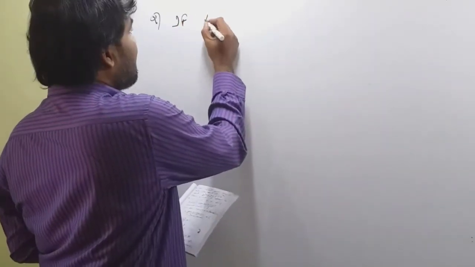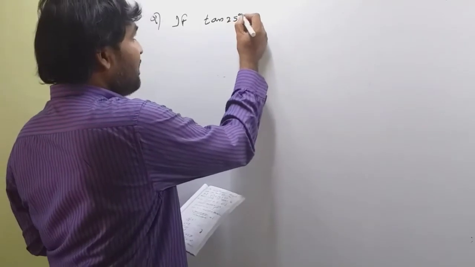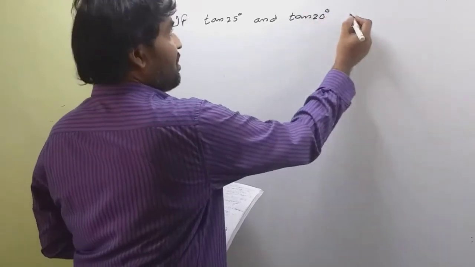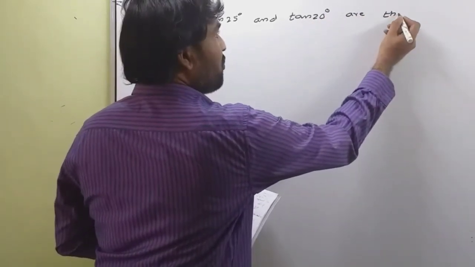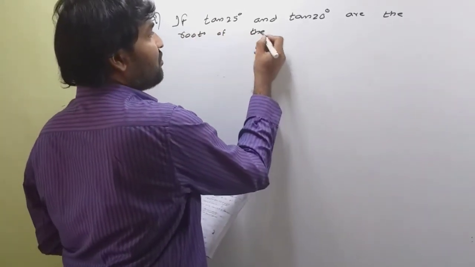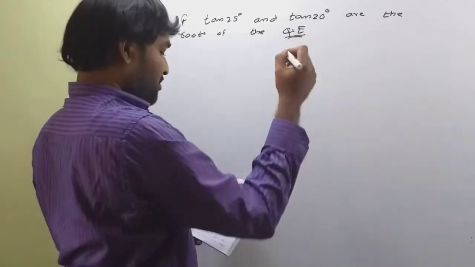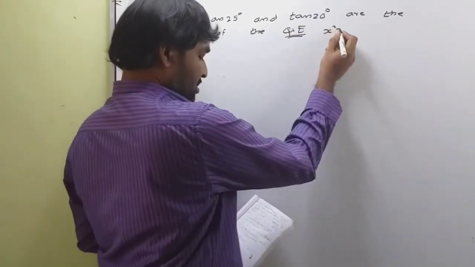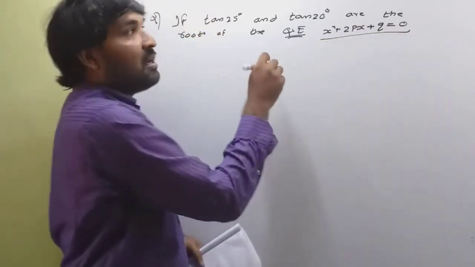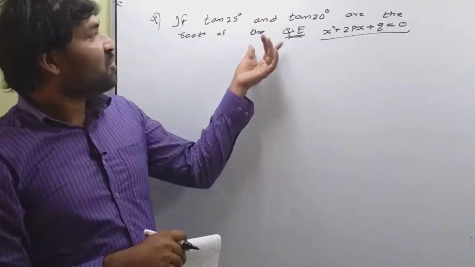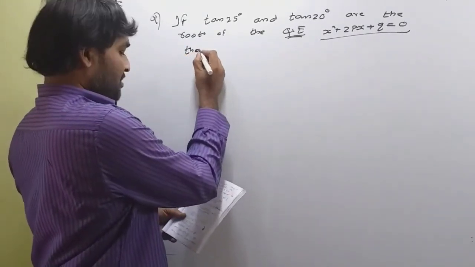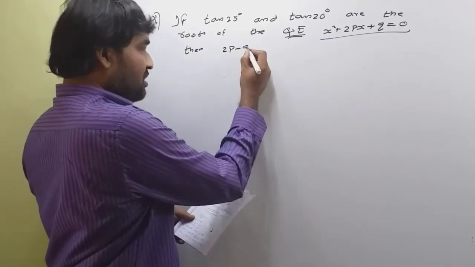If tan 25 degree and tan 20 degree are the roots of the quadratic equation x square plus 2px plus q is equal to 0, then we want to find 2p minus q.